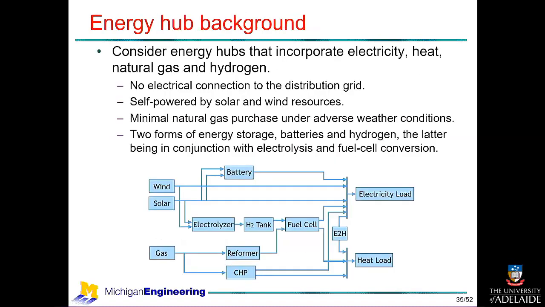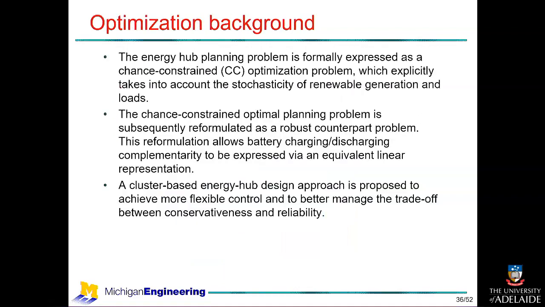Okay, just some background to this problem. We're looking at energy hubs which have wind, solar, some gas supply, but we want to minimize the amount of gas that's utilized. We have battery storage, hydrogen storage, electrical load, heating load, and all sorts of other combinations of possibilities. Because we're dealing with wind and solar, there's uncertainty in that.